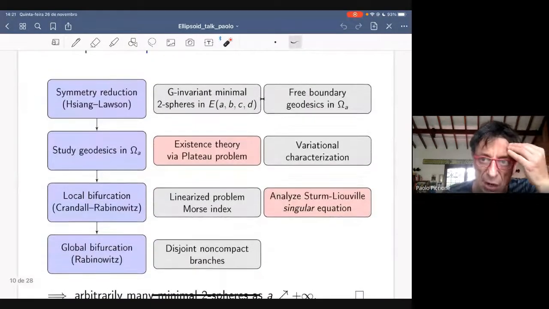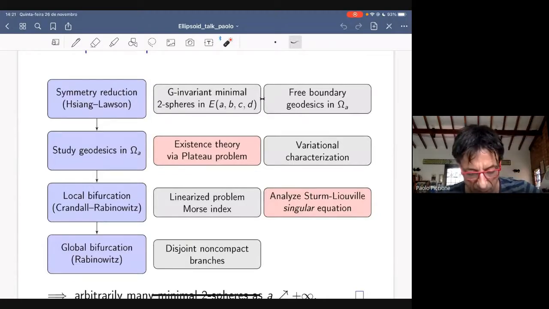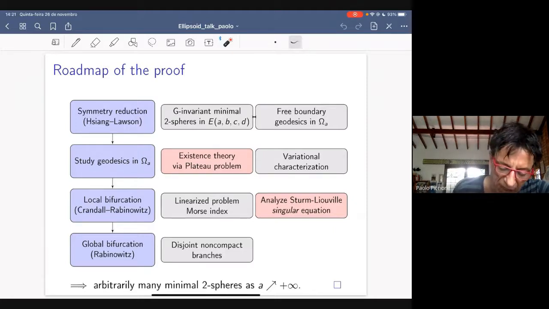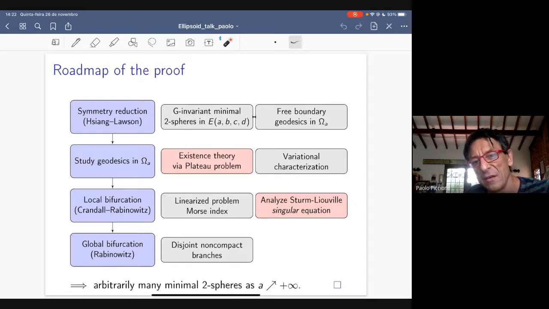This is an idea. Okay, this is more or less the framework for the proof of this result. It has 4 steps indicated here on the left, which are as follows. Okay, first we use a reduction to a lower dimensional problem using a result by Xiang and Lawson that exploits the existence of these symmetries.